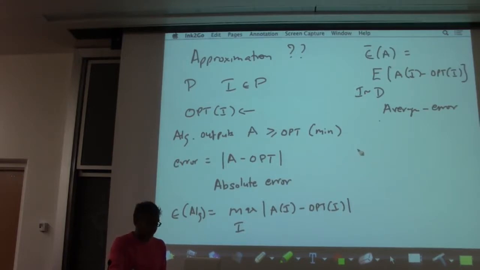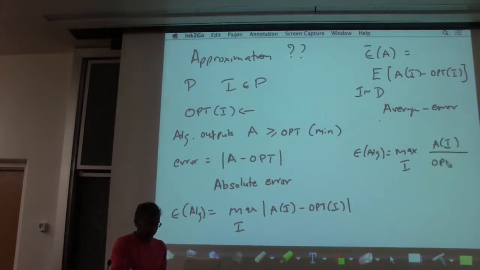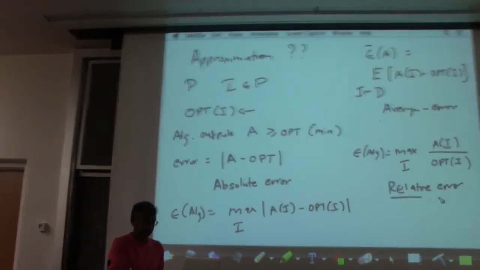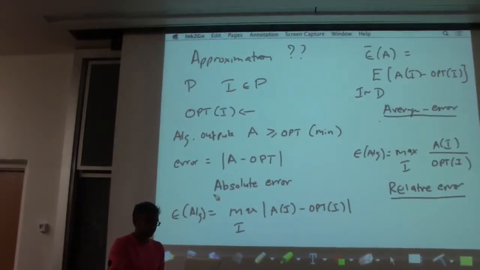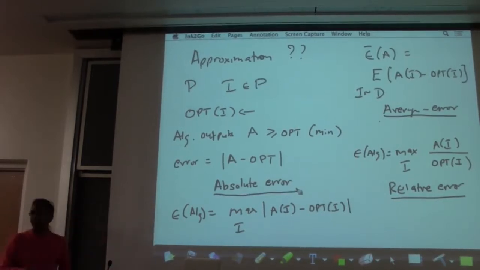So here we'll now define epsilon of the algorithm is equal to the max as before over I of, you divide the algorithm by the optimal solution, and you get relative error.